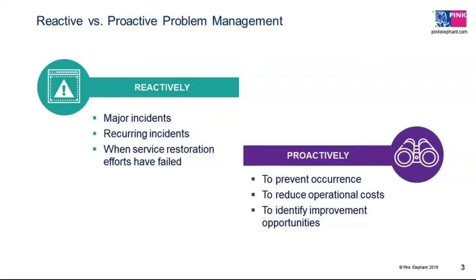So those are the obvious ones that we do need to react to and explore the underlying causes. Sometimes you've got incidents that recur over and over again. These become a nuisance for our customers and users. They cost money to deal with. So that's another time that we may decide reactively it's time to open a problem record.